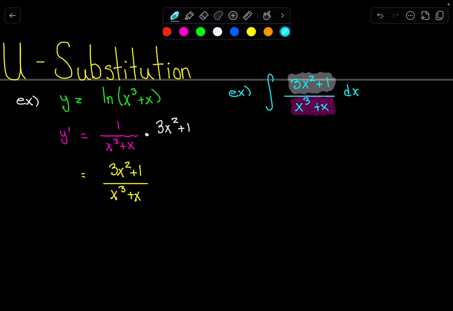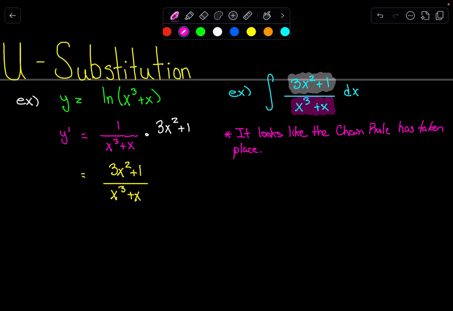And so the first thing I'm going to recognize is that it looks like the chain rule has taken place. That's just a mental note that I'm going to make for myself, because that is what's going to inform me that I should probably try to use a U-substitution.